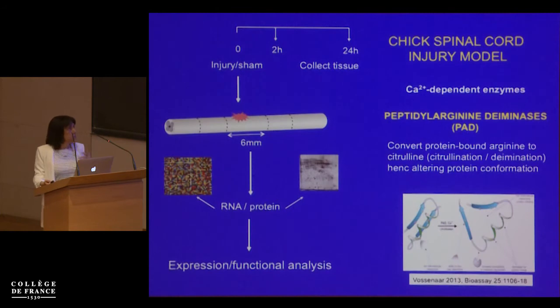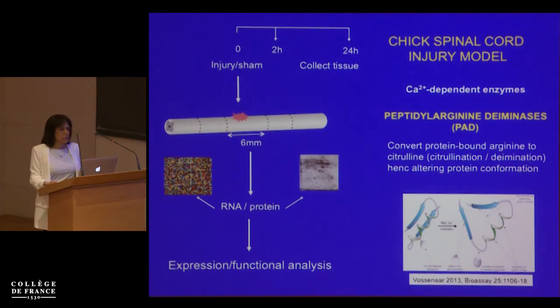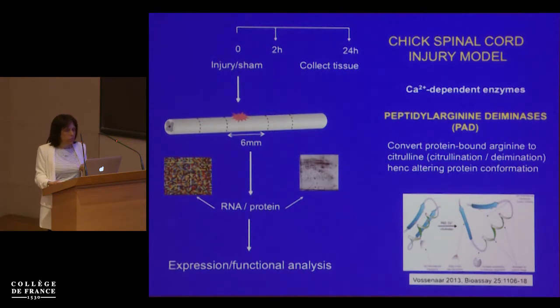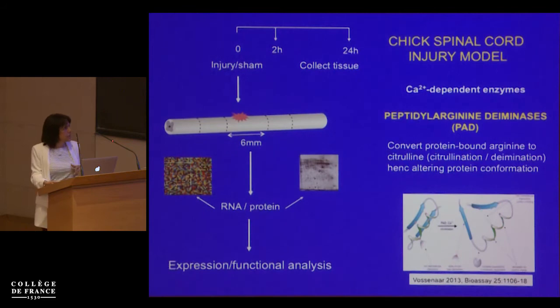We wanted to know a bit more about the cellular and molecular mechanisms, and so we carried out quite extensive screening using microarray to look at changes in gene expression in response to injury at permissive and non-permissive stages, and also some proteomics analysis where we identified some proteins that were not regulated at the gene level, but were regulated at the post-translational level.